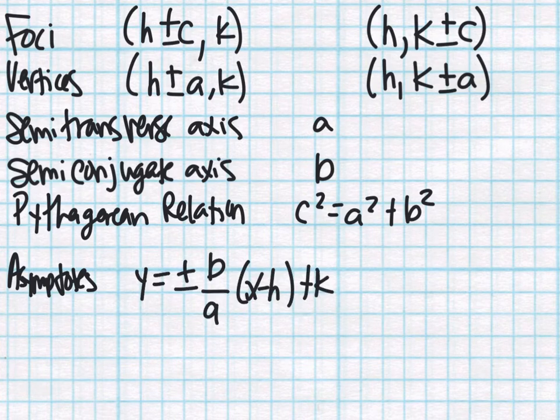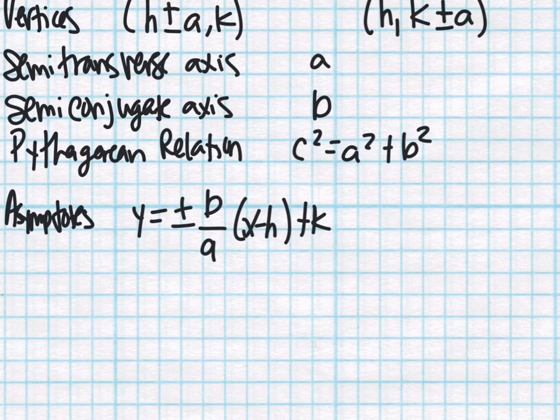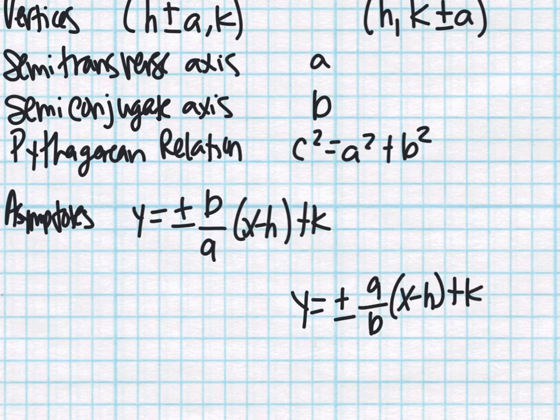That's for our horizontal transverse axis. And then the equation for the asymptotes for the other one is y equals plus or minus a over b times x minus h, plus k.